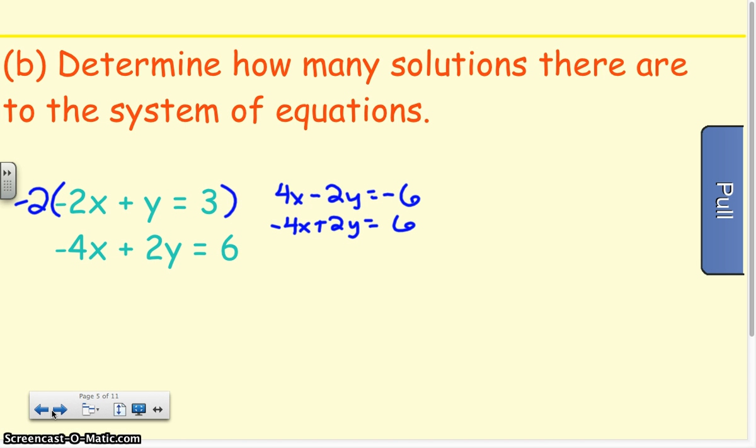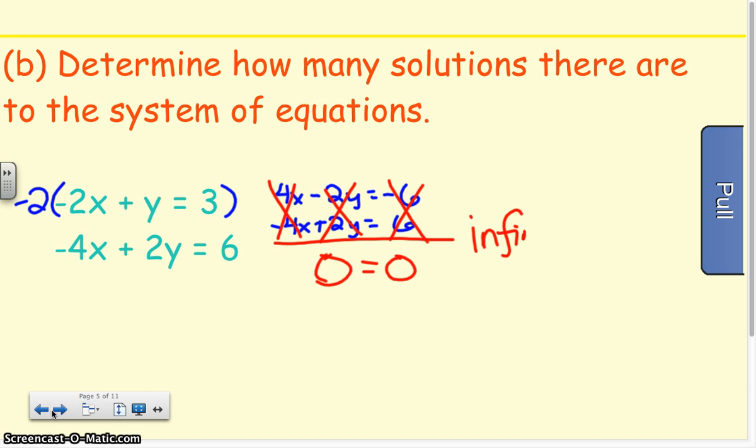Rewriting the bottom equation, I am not doing anything different. Combine. The x's cancel. The y's cancel. The negative 6 and 6 cancel, so I'm left with 0 equals 0. So that tells me that this is an infinite solution. And when I say infinite solution, again, we're talking about a system of equations.